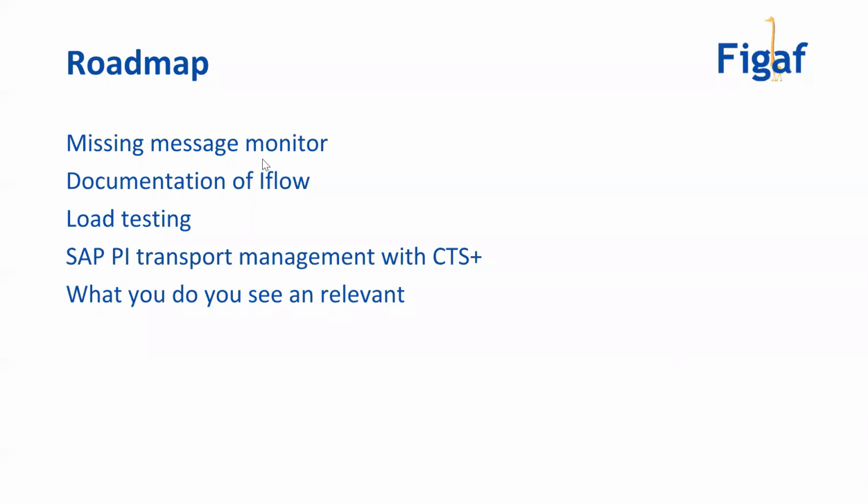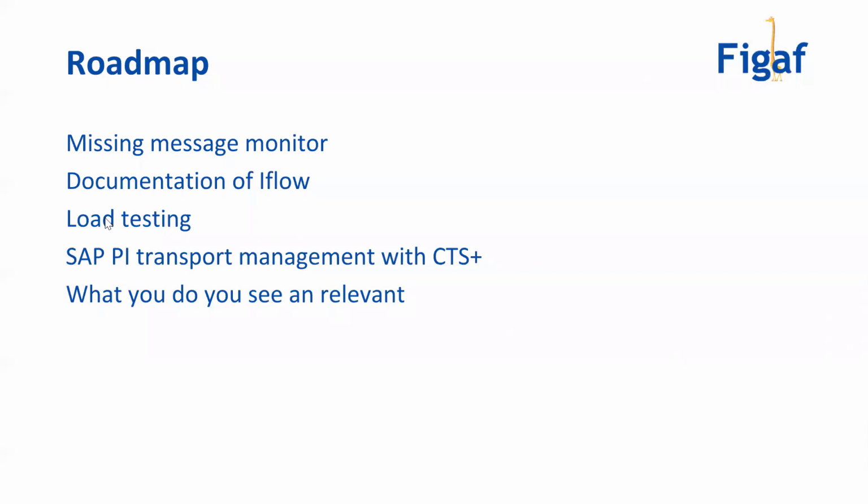So you have something to show, and it can also show you what changes have occurred to the iFlow over time, because we have logged all of these different business reasons. We're working on a way to set up load testing, so you can set a higher load on the system and see how it performs over some period of time.